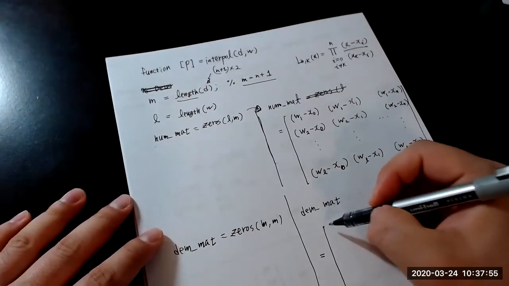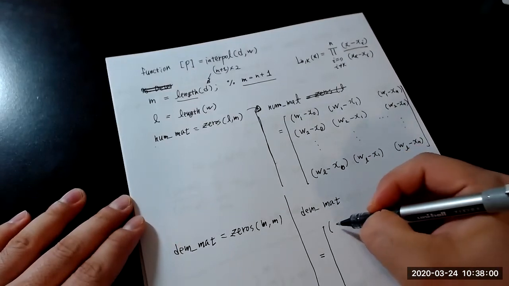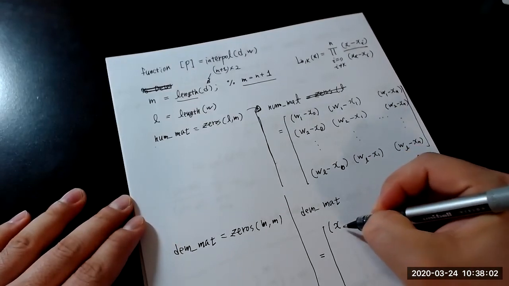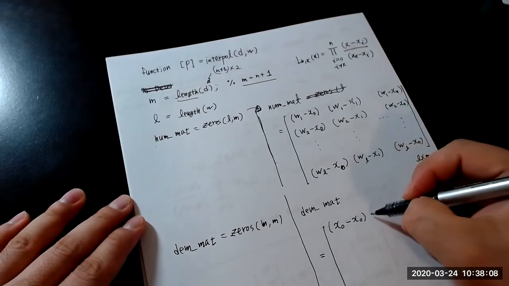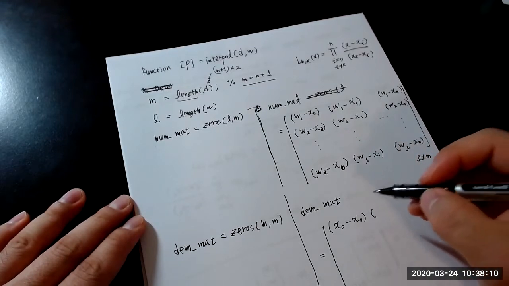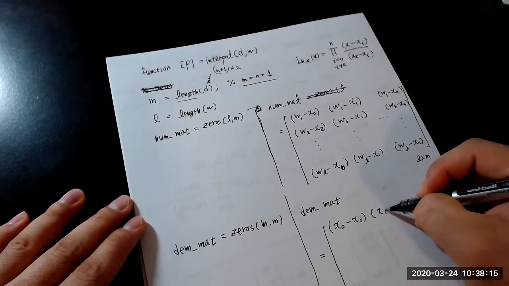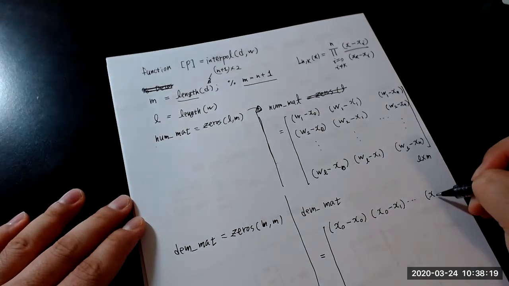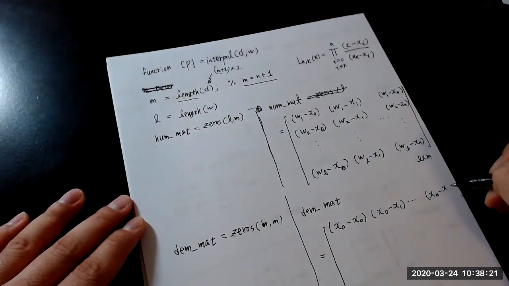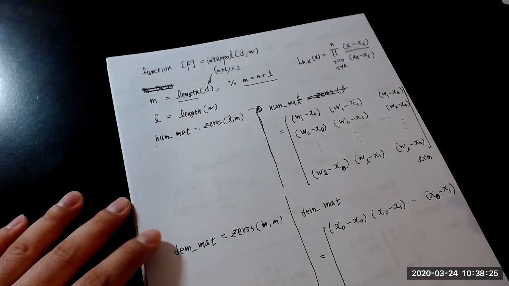So the first row, first entry is x0 minus x0, and then the second column is x0 minus x1, through x0 minus xn.